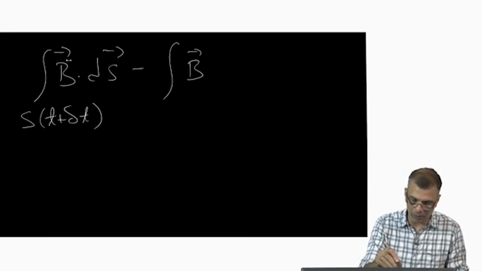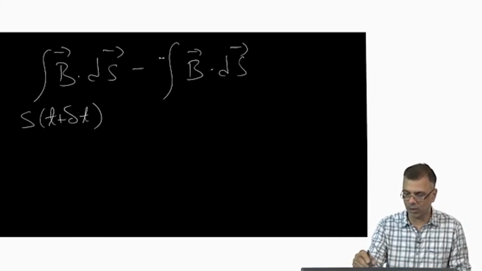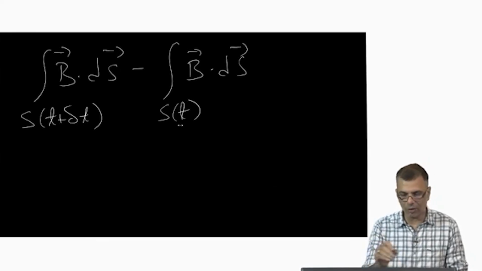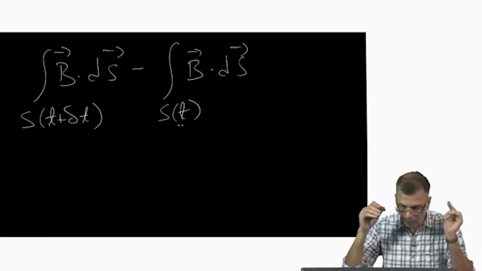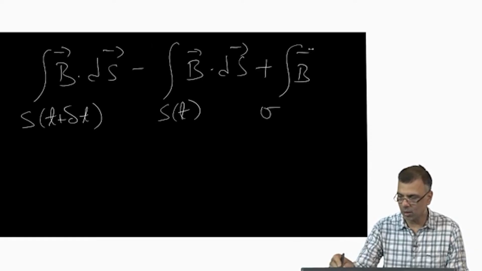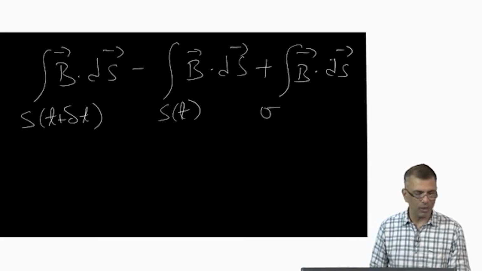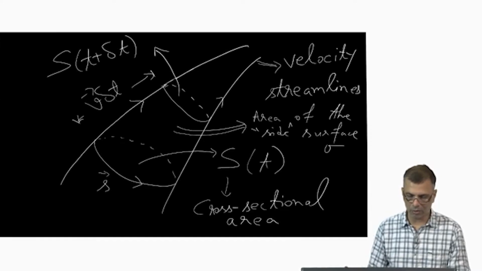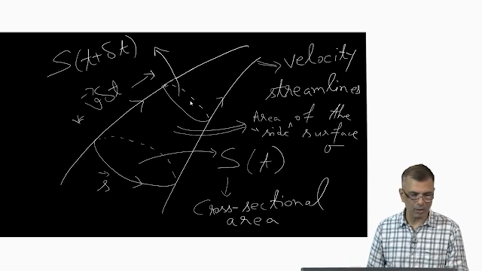Here it would be r, t plus delta t, here it would be simply r and t, but I am keeping this a little less just to avoid too much complication. So the difference in flux through the top and bottom surfaces plus whatever flux is passing through the side surface, okay, this surface here, the side surface of the cylinder, right?